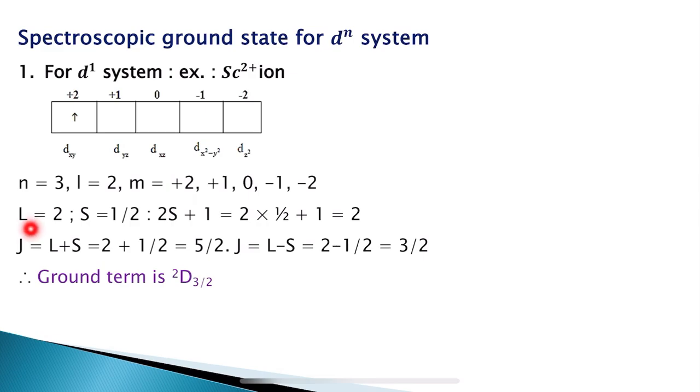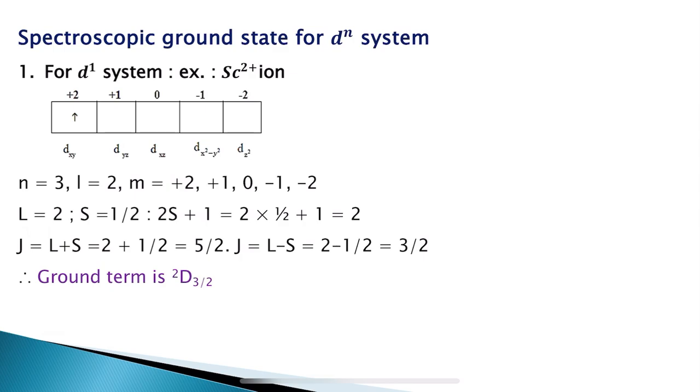So, next, what is L? L is calculated by using the equation which we studied in our previous class, that is, L will be calculated by summing up the vectorial orbital angular momentum, that is L1 plus L2.